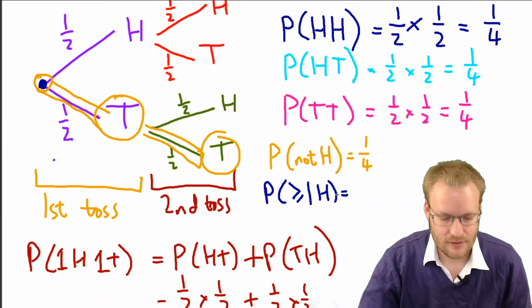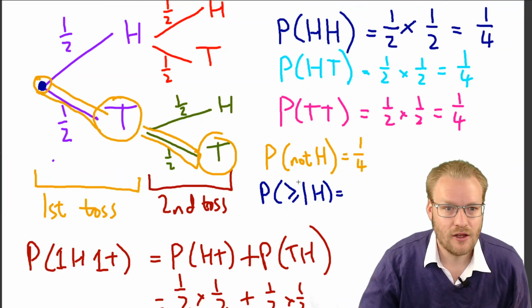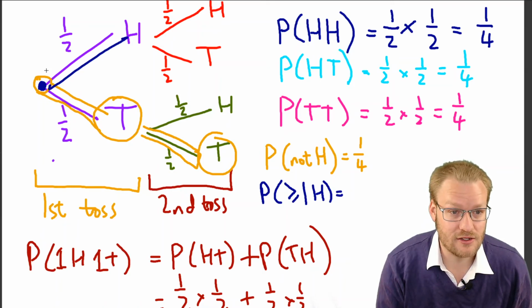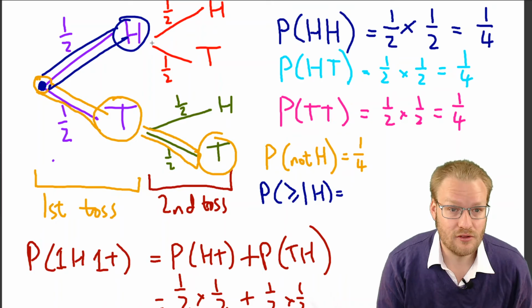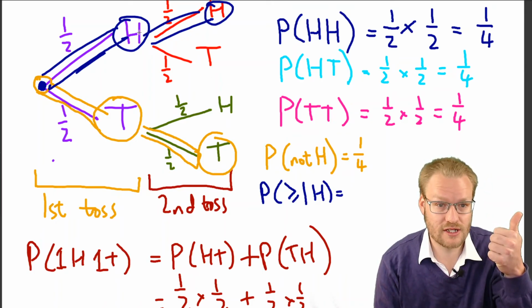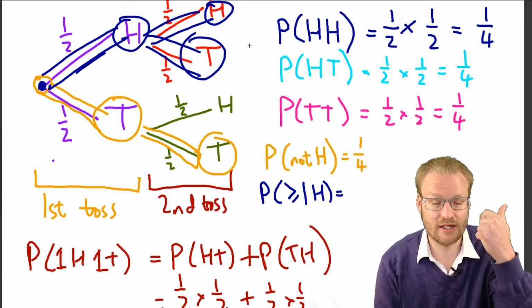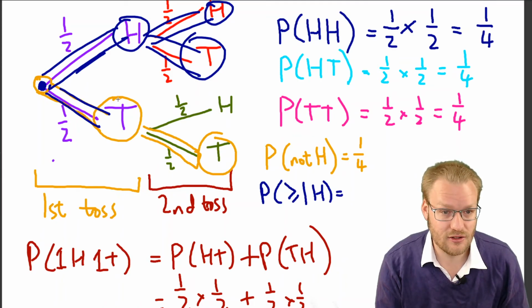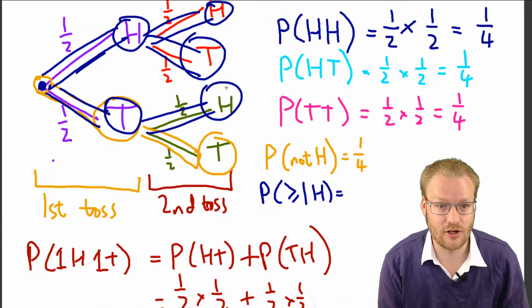Let's look at all of these options. We could go head and then we could toss another head. So two heads, that's at least one head. Or we could toss a head and then a tail, that's at least one head. So we go half times a half plus a half times a half. Or we could toss a tail, but if we toss a tail, our second one needs to be a head because then we got one head.